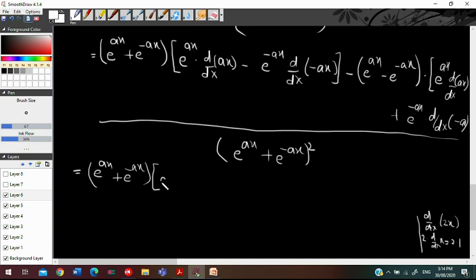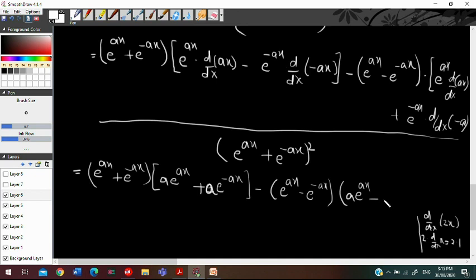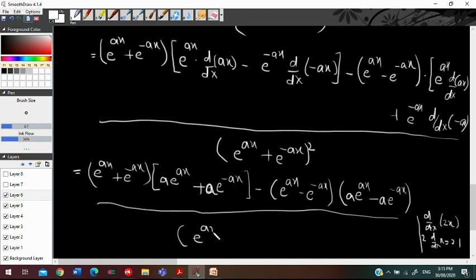We have exponential of ax, then plus a into exponential of minus ax, minus exponential of ax minus exponential of minus ax into a into exponential of ax plus minus a into exponential of minus ax, and the whole divided by exponential of ax plus exponential of minus ax whole square.